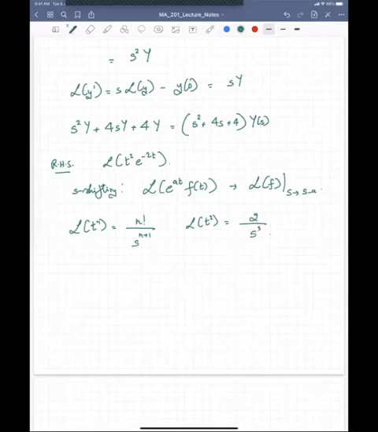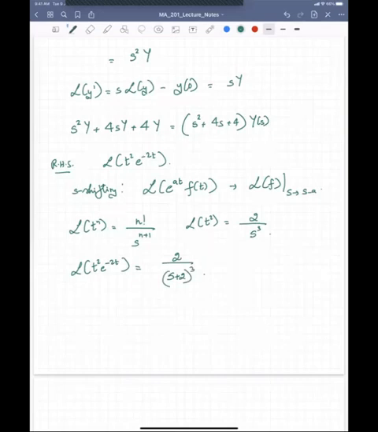So this is s cubed, and L of t squared is basically 2 divided by s cubed. Which tells me that the Laplace transform of t squared e to the minus 2t, I simply have to replace s by s minus a, where a is minus 2. So this is basically 2 over s plus 2 whole cubed.